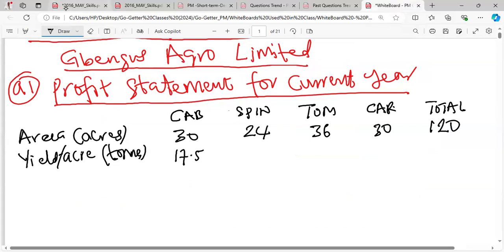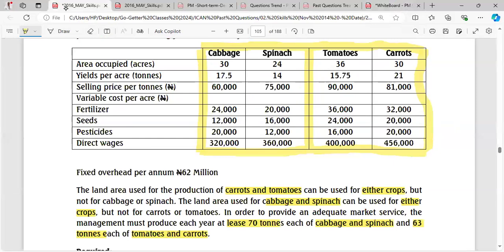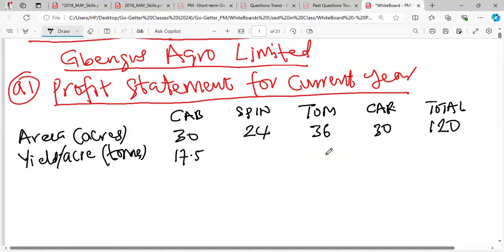17.5 here, 14, 15.75, and this is 21. We don't add them together because they have different yields, different crops.